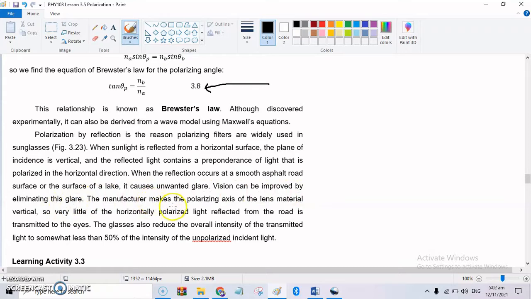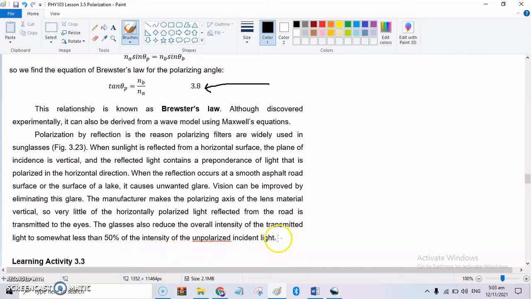The manufacturer makes the polarizing axis of the lens material vertical, so little of the horizontally polarized light reflected from the road is transmitted to the eyes. The glasses also reduce the overall intensity of the transmitted light to somewhat less than 50% of the intensity of the unpolarized incident light.